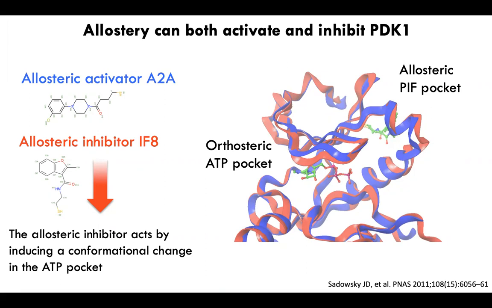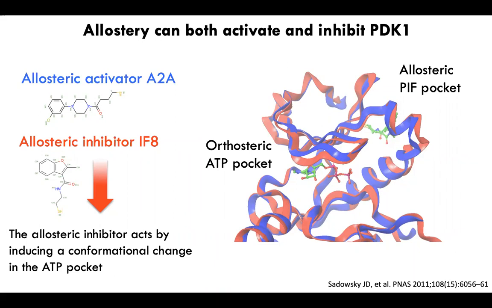So allostery can both activate and inhibit PDK1. Here we have the allosteric activator A2A, that is right here, that enhances the efficacy of the protein. So it's an agonist. But at the same time, if you bind a molecule which is called IF8 at the same pocket, and you can see both of them are superimposed, so very close, it triggers a conformational change in the ATP pocket, acting as an allosteric inhibitor.